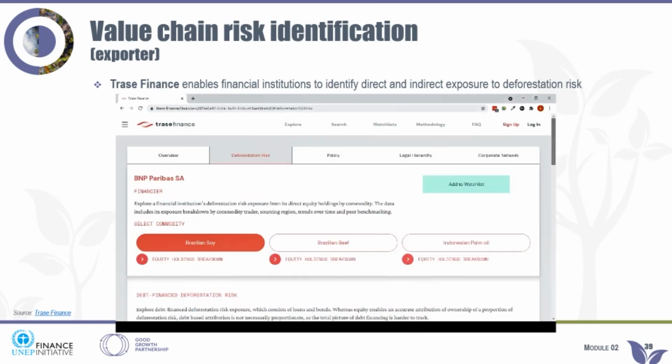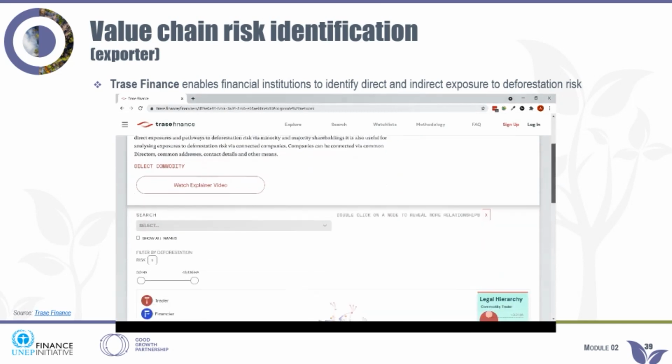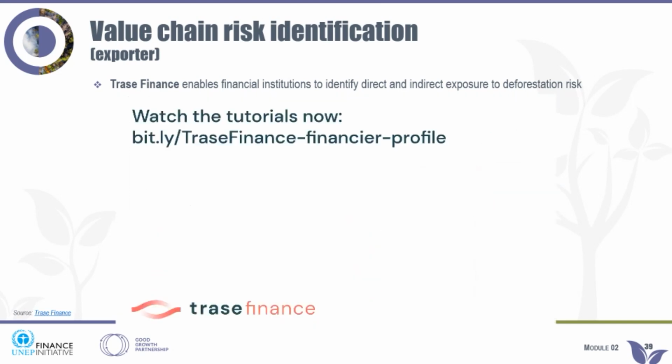You can explore a financier's indirect exposure to deforestation risk through the Corporate Network tab. For example, BNP Paribas has indirect exposure via its holdings in Citigroup that has loans with a number of palm oil trading companies. Watch our tutorial video to learn more about financier profiles on Trace Finance.